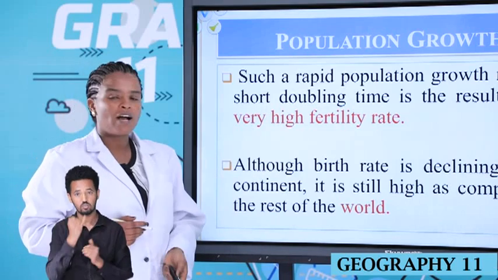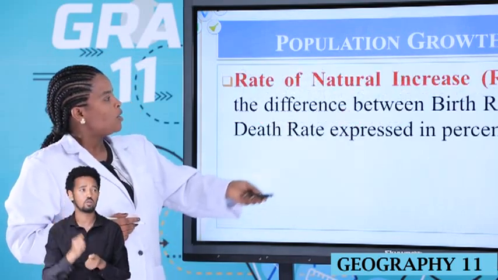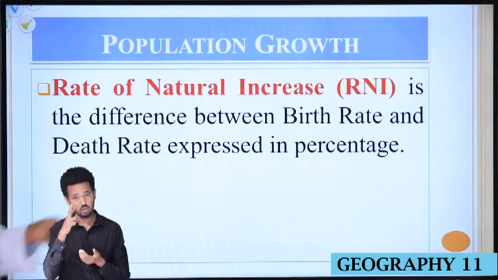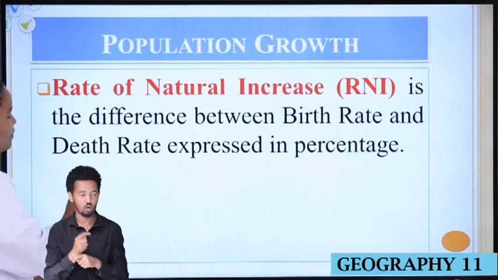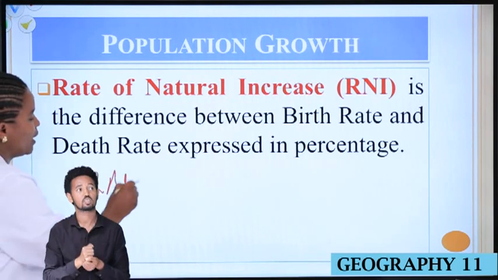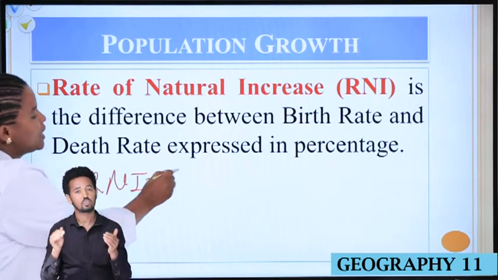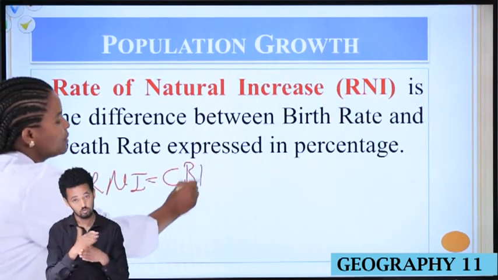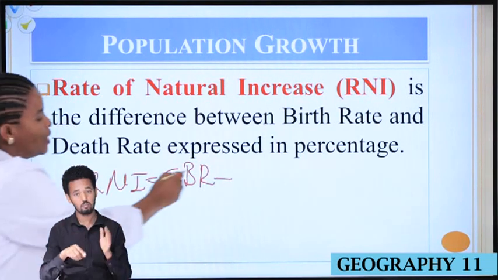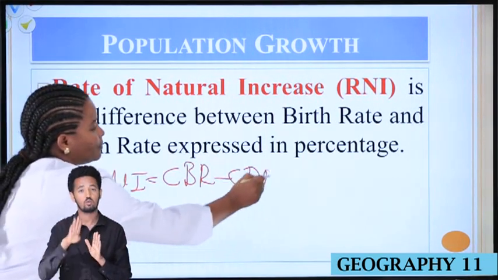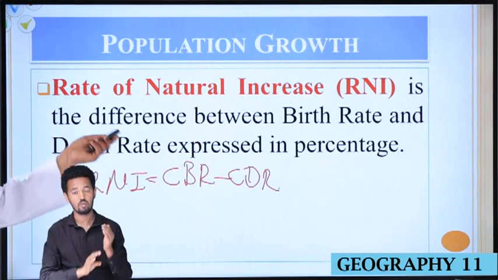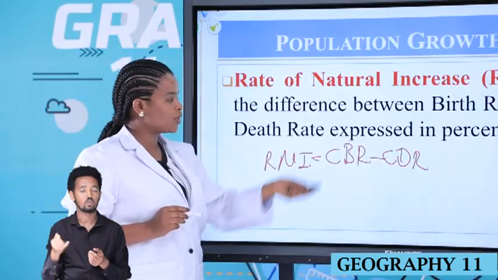This shows that in Africa fertility is very high. When we see rate of natural increase, natural increase is equal to the difference between crude birth rate minus crude death rate. This is the formula to find rate of natural increase.